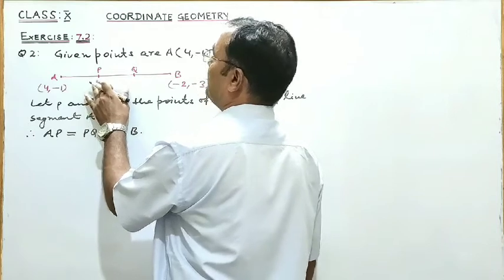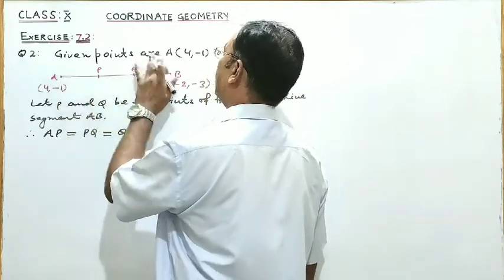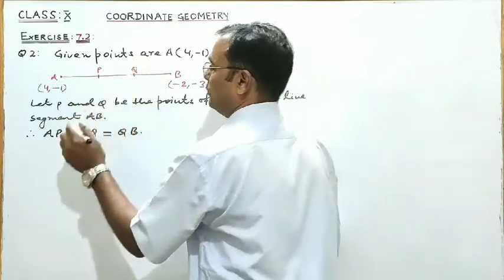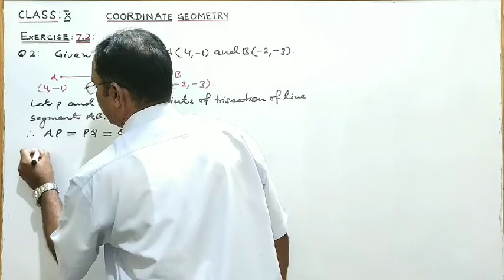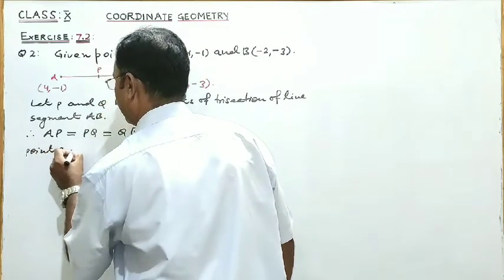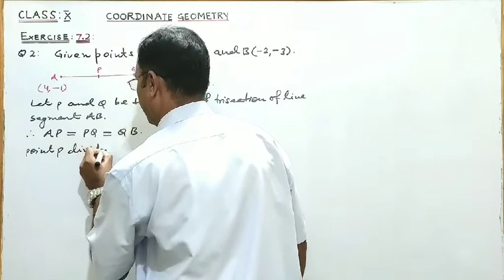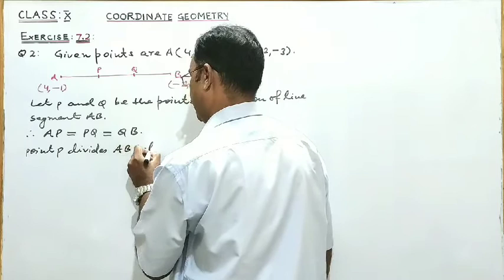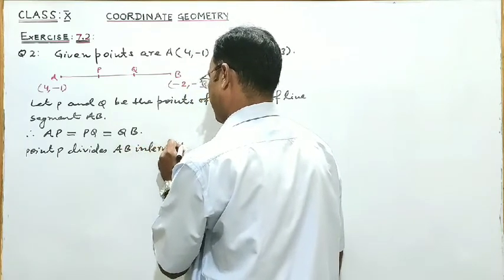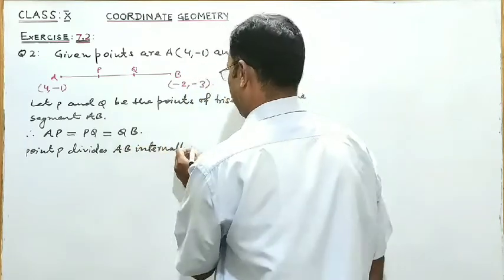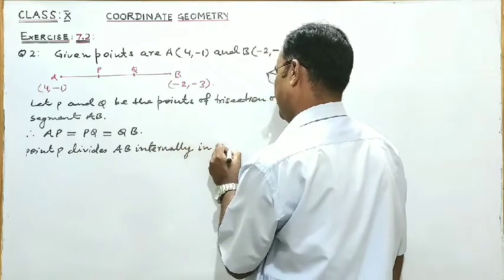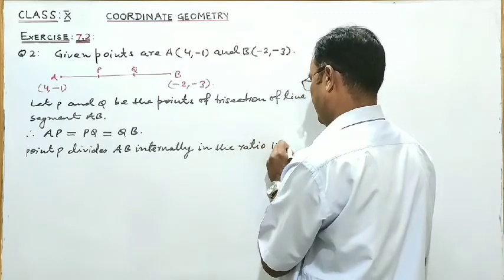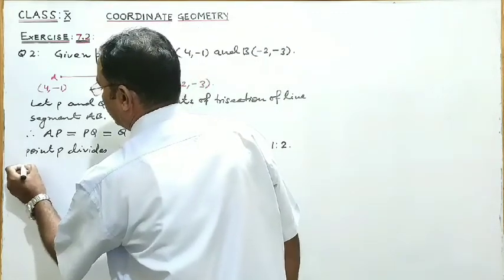Point P here divides this line segment AB internally in the ratio 1:2.